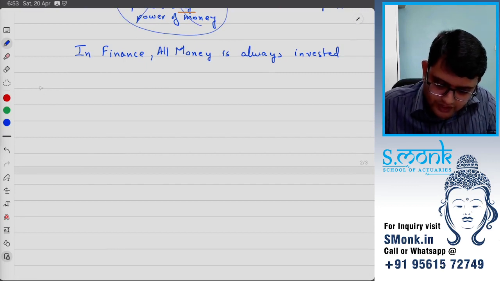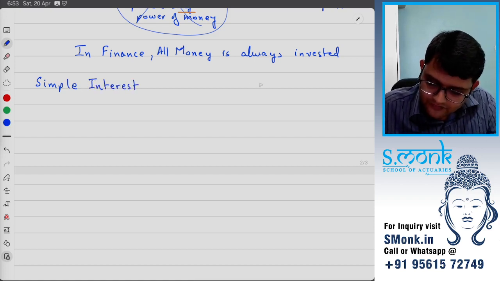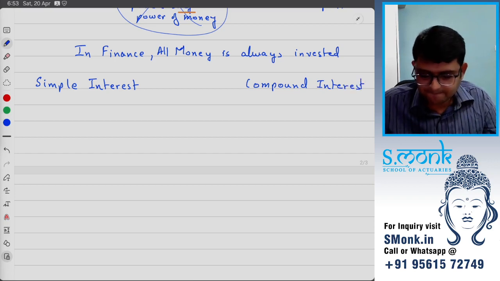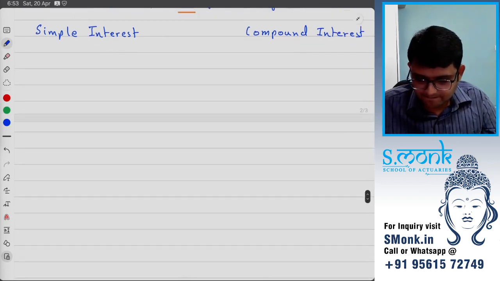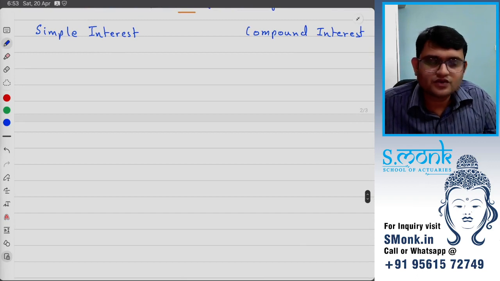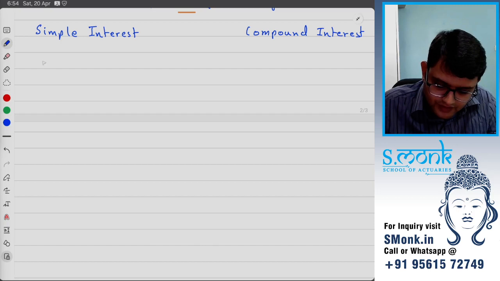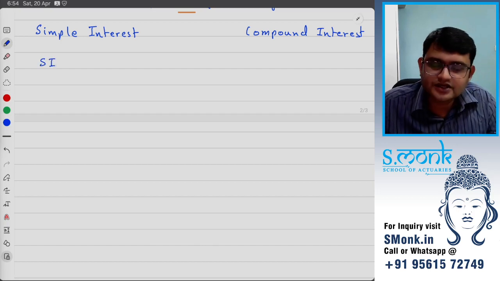So we have studied two types of interest: simple interest and compound interest. Now, the formulas of simple interest. If I say SI, I represent simple interest.